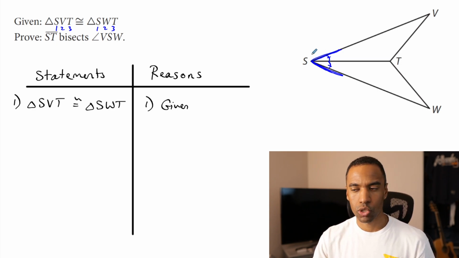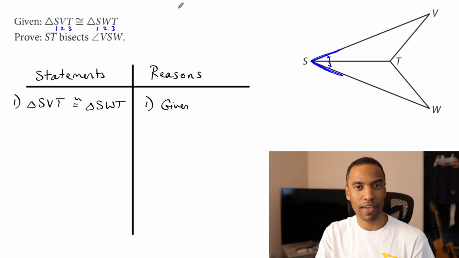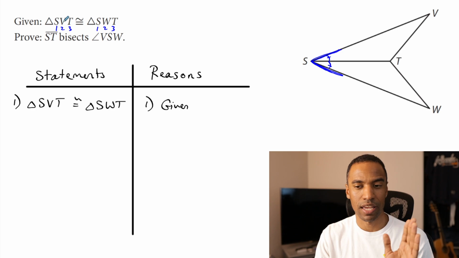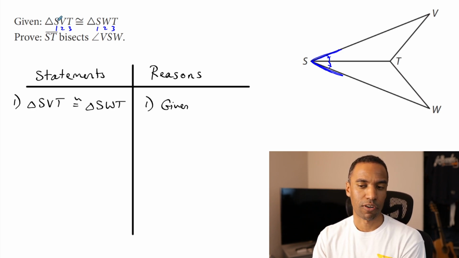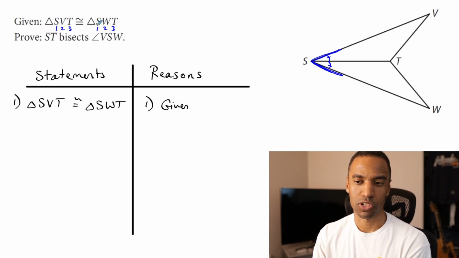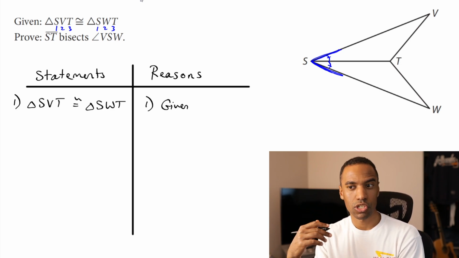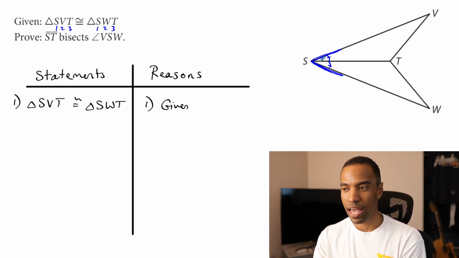Well, in order for that to be true, that would mean that the S in this triangle would have to be congruent to the S in this triangle. And that could be the case if, in this triangle congruent statement, S is in the same placement in both triangles. S is the first letter in this triangle, S is the first letter in this triangle. Hey, the S's correspond. That means the angle S in this triangle is congruent to the angle S in this triangle.